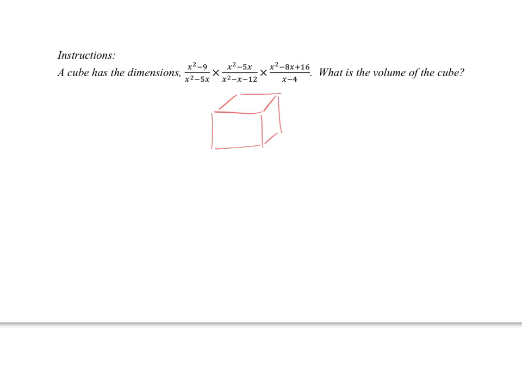Here is your length, here is your width, and here is your depth, or if you want to use length, width, and height, then here's your height, here's your width, and here's your length, whatever. But remember that the volume of a cube is equal to length times width times height. You have those dimensions, multiply them. You know how to do it.